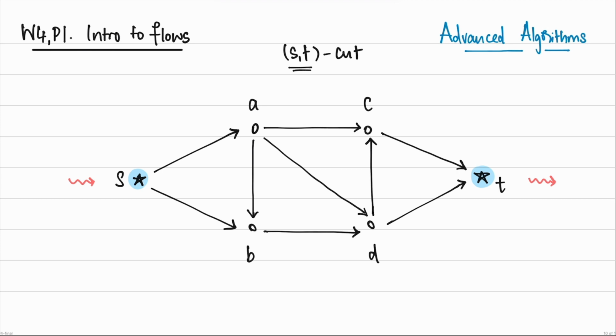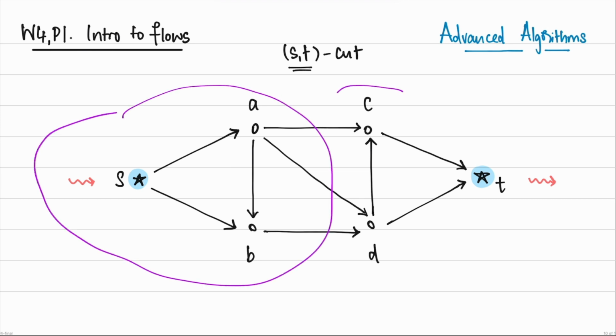An ST cut is basically a partition of the vertex set into two parts. By a partition, we mean that you break things up into two pieces like this, and these two pieces don't overlap and they encompass all vertices. That's what it means to be a partition.